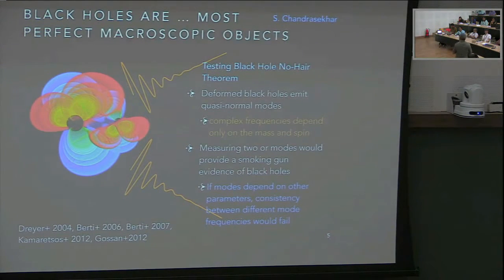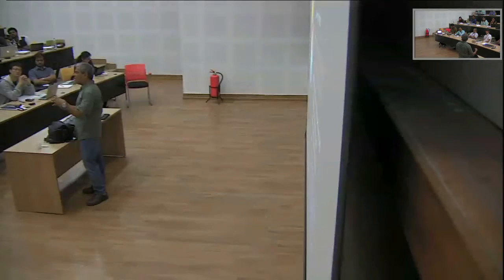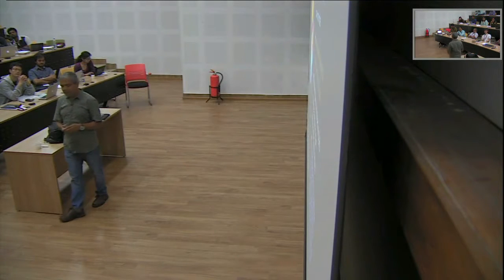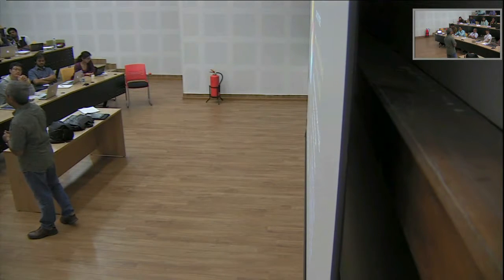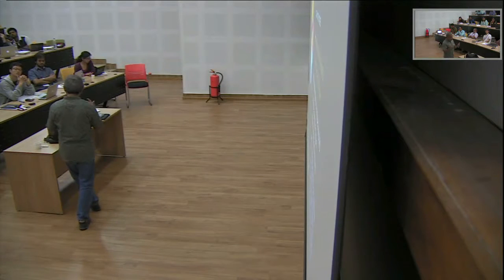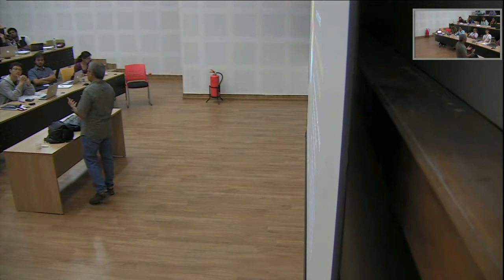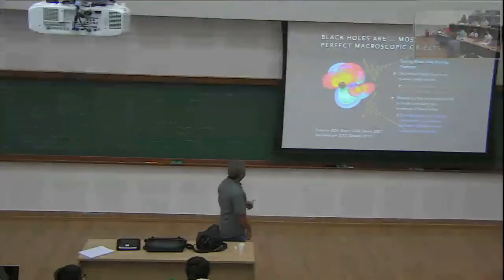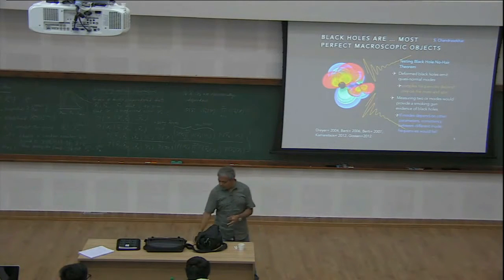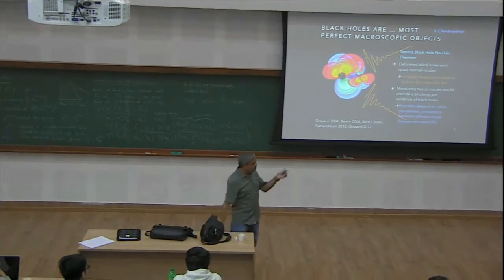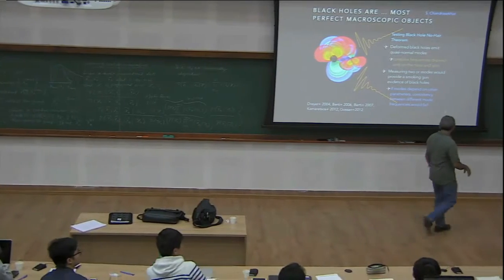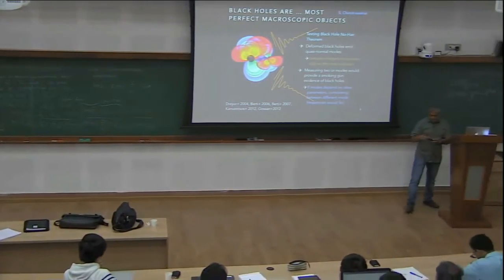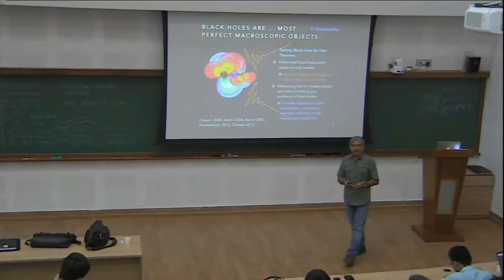But if you keep increasing the mass ratio, make one of them small and the other much bigger, and include spins in these black holes, then the spectrum becomes richer and richer. There are higher harmonics, as one would call them. So the summary is that you deform black holes. Deformed black holes emit this radiation, and that's what we want to detect.